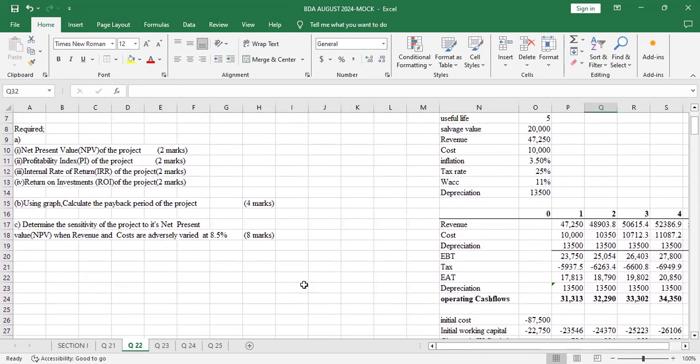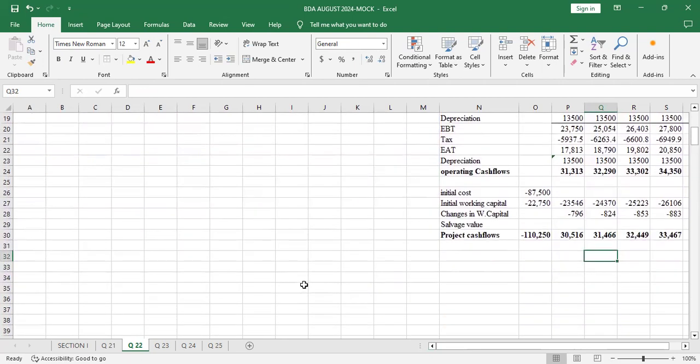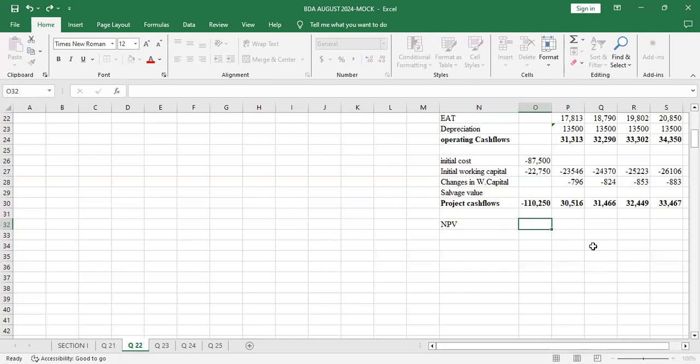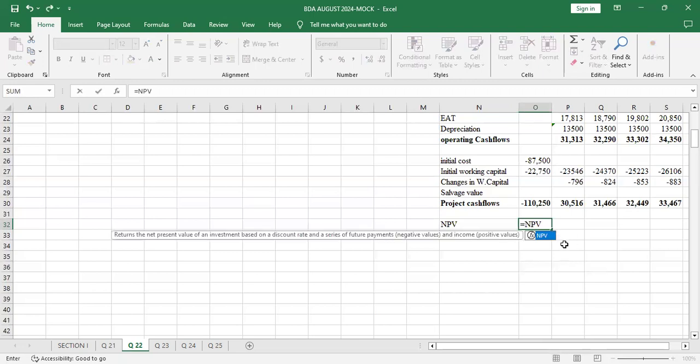So we start with the net present value, the NPV. So my NPV equals NPV.